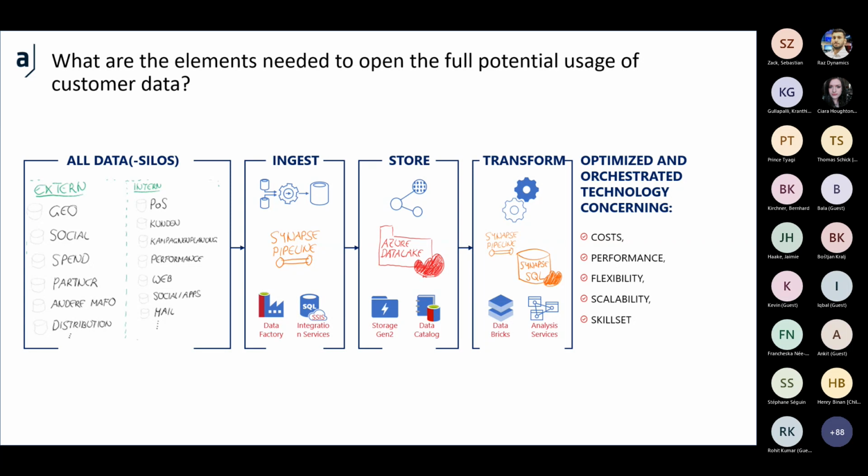We have the data silos which we are going to work with: external data and internal data. Just ask yourself, when you were working with your clients, if you ever had discussions with them about whether they want to have geo data in it, like the GPS data from simple smartphones or mobile devices when they're using the app or browsing the website.